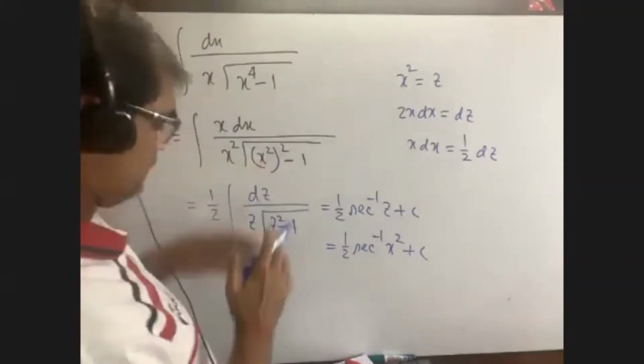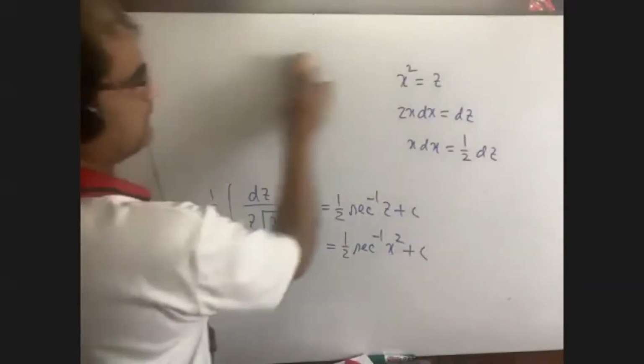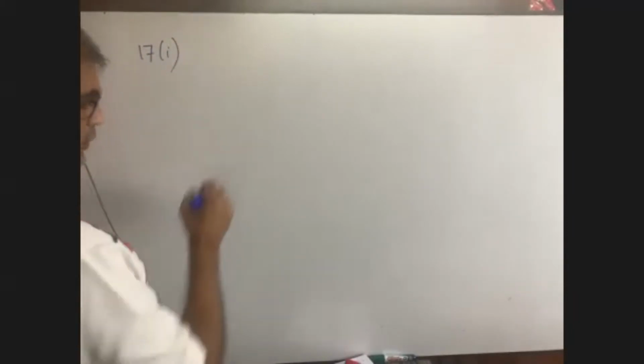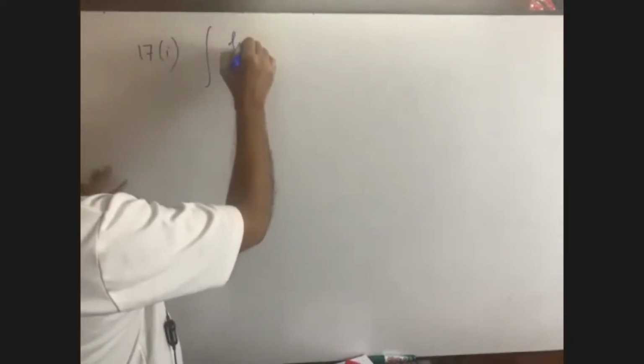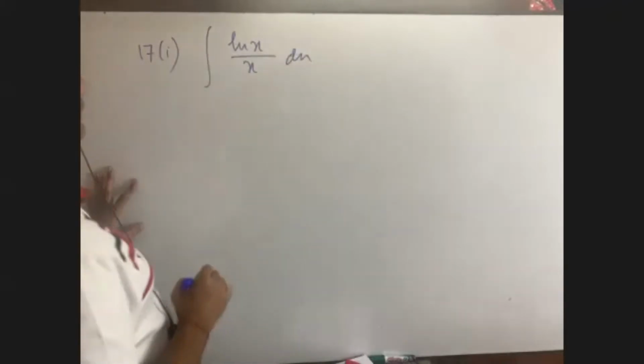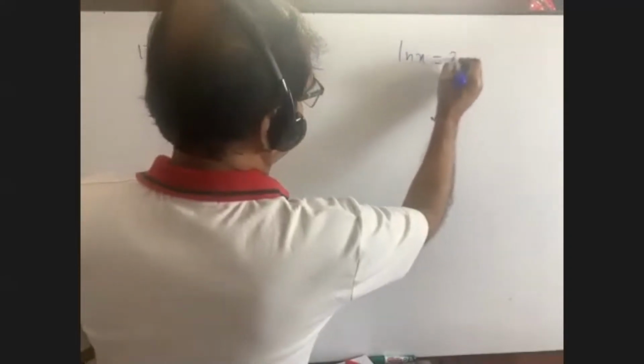Now we are going to do some math. Question number 17. Number 1: ln x; here let ln x equal z. Do it.